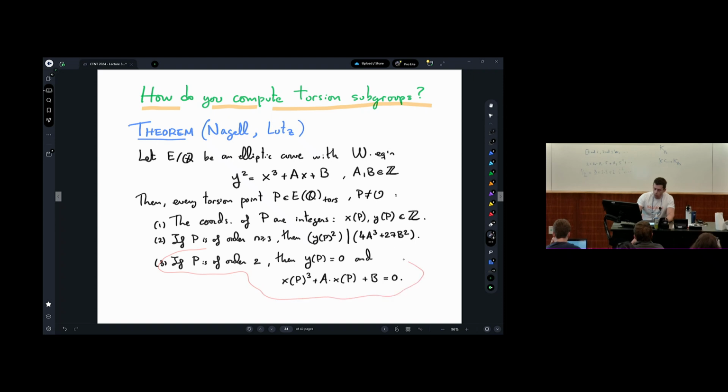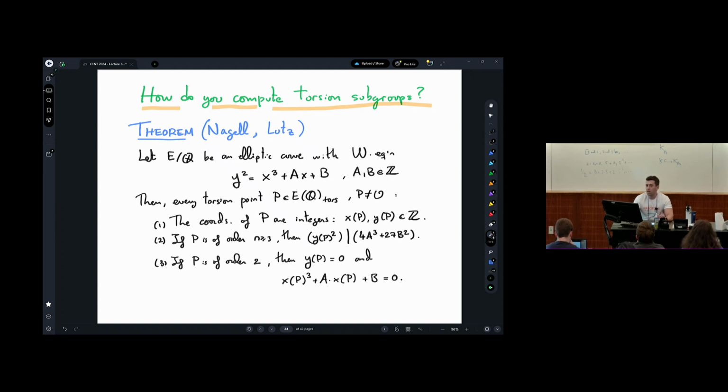If P is of order 2, then the y coordinate is 0, and the x coordinate is a root of the polynomial in x. And if the order is 3 or larger, then the square of the y coordinate is a divisor of 4a cubed plus 27b squared.